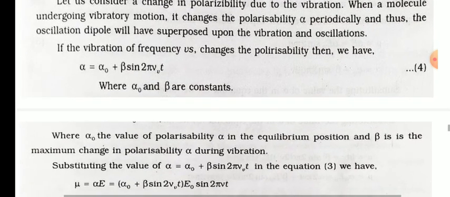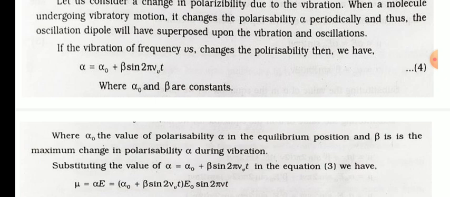Alpha naught is the value of polarizability in the equilibrium position and beta is the maximum change in the polarizability during vibration. Substitute the value of alpha equal to alpha naught plus beta sine 2 pi nu V t in equation number 3.